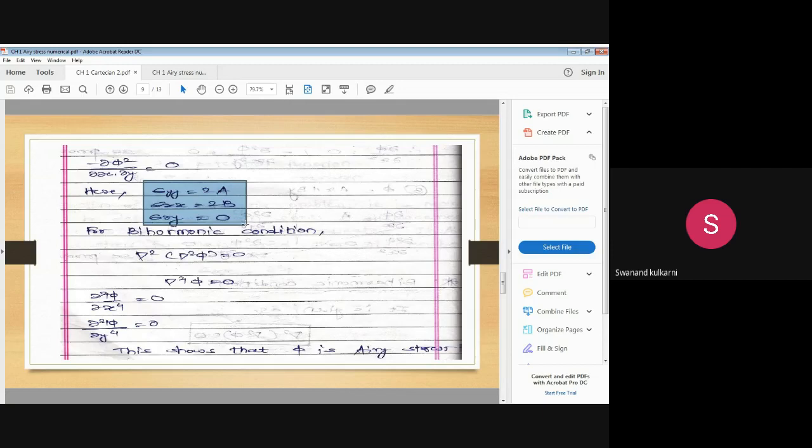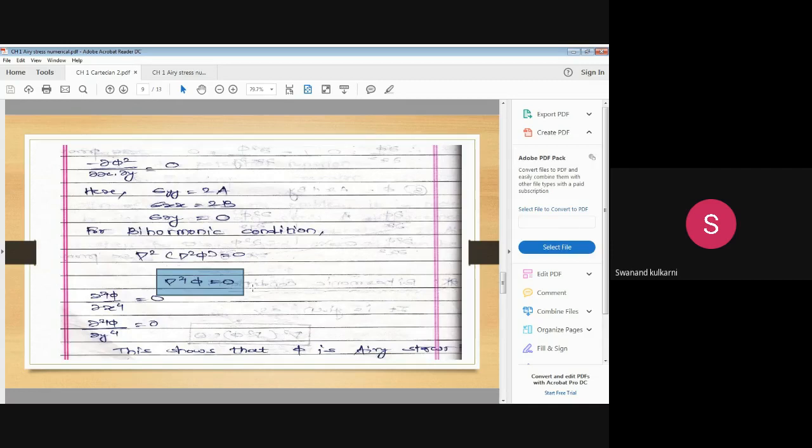And then for the biharmonic condition, if we take del square into del square phi, it will become 0. So del raised to 4 phi is equal to 0. Del raised to 4 phi equal to 0 means this follows the condition of the Airy stress function, because unless the biharmonic condition is followed, we will not consider this equation to be an Airy stress function.